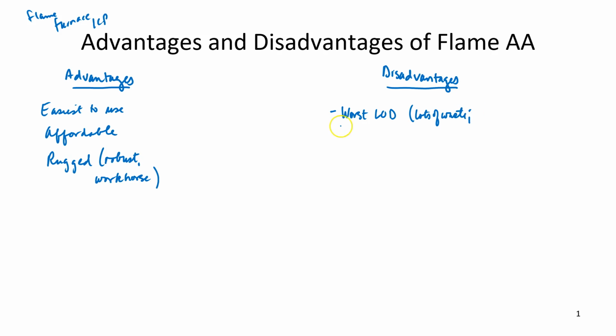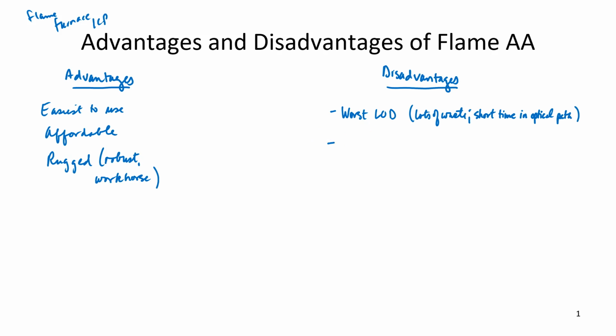And another reason for that poor limit of detection is once the analyte gets to the flame, it doesn't spend much time in the optical path of the lamp. So it spends a short time in the optical path. So those are the two main reasons that the flame has the worst limit of detection.